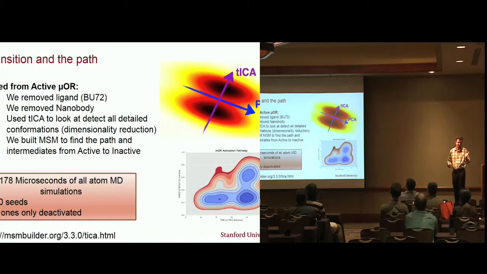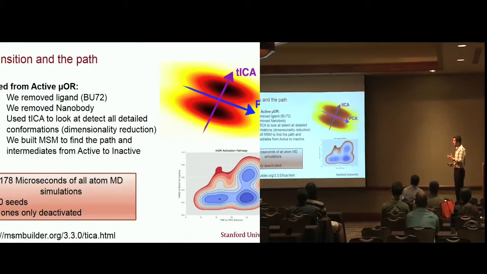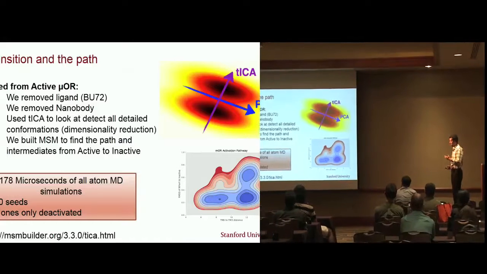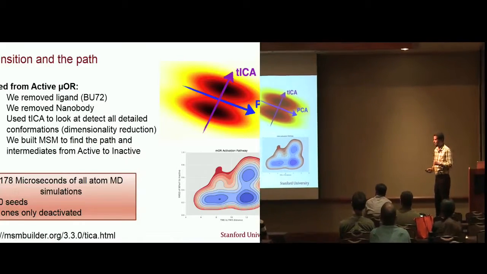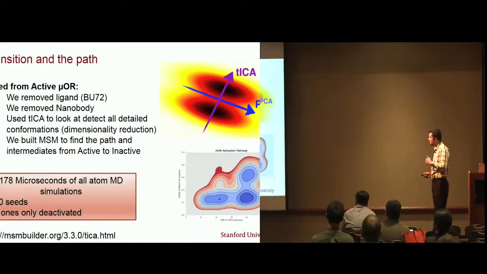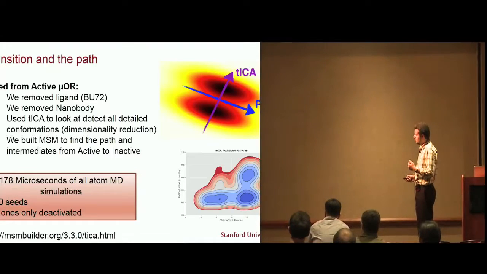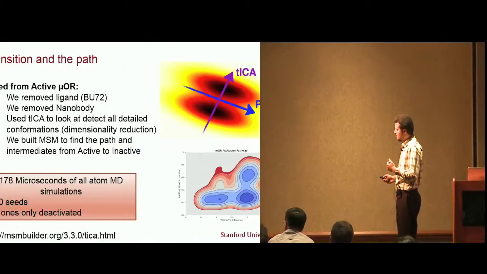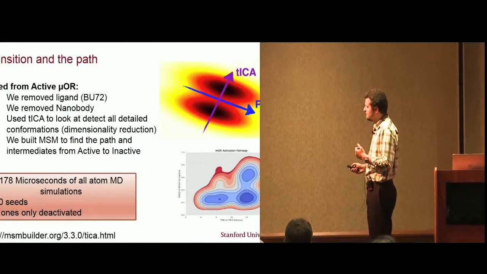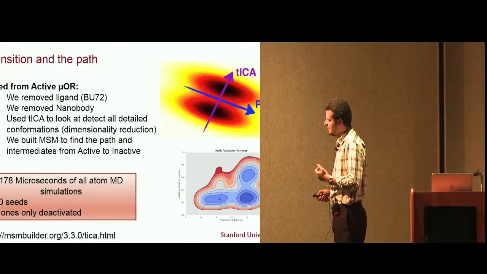For example, if a tyrosine, one of the amino acids, is flipping or something like that happens, this TICA, which we have here and which is also on GitHub so you can fork it and use it, will find it. It's basically orthogonal to PCA, principal component analysis.